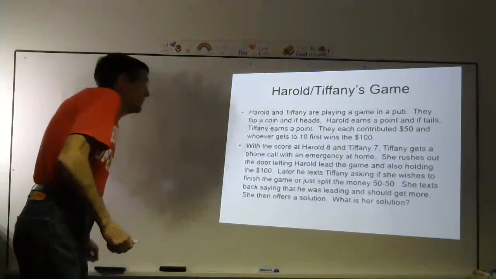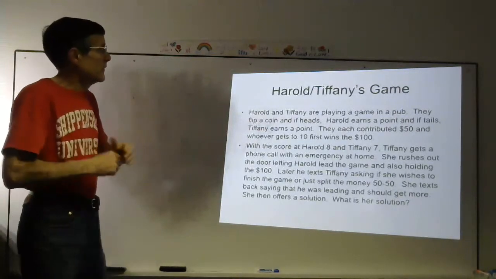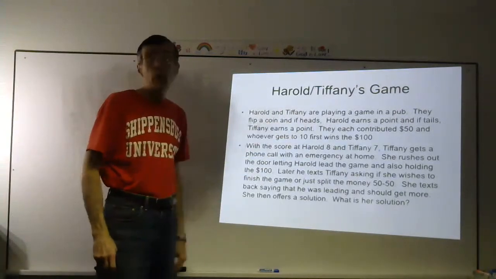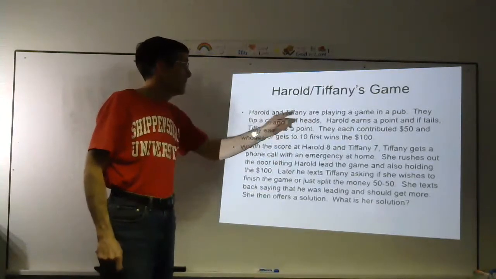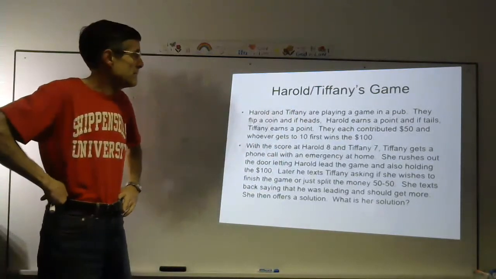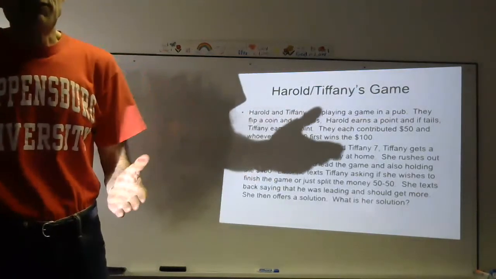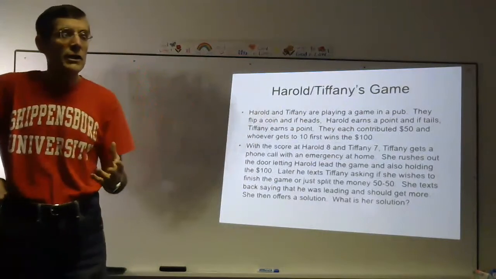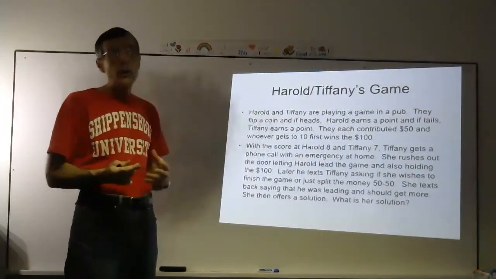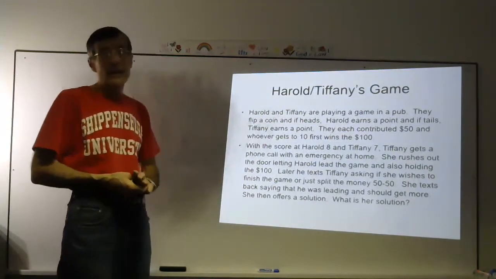They flip a coin, and if it's heads, Harold gets a point, and if it's tails, Tiffany gets the point. Before they even started, they each contributed $50, so there's a total of $100 that's going to go to the winner, the first one that reaches 10.